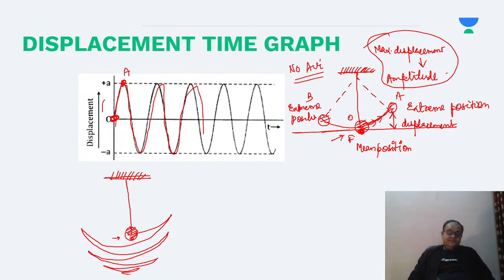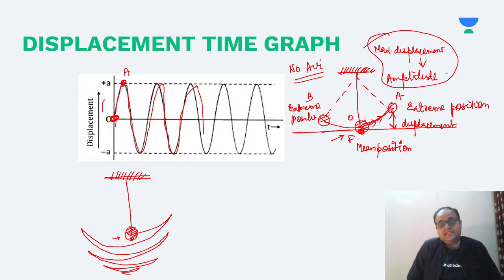Now, why does it happen that every time the bob reaches its extreme position, the new amplitude is a little less than the earlier one? Can anyone explain this? Anyone in the session?